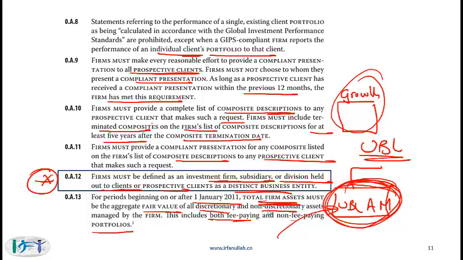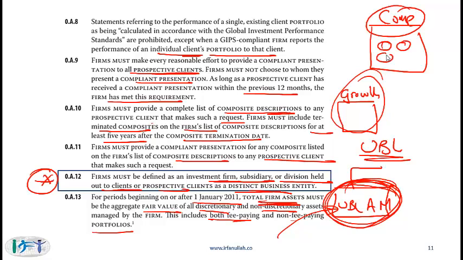This is not to be confused with what needs to be reported within a particular composite. When we are talking about a composite, that will only have portfolios that are discretionary and fee-paying and meet the other criteria that we have talked about.